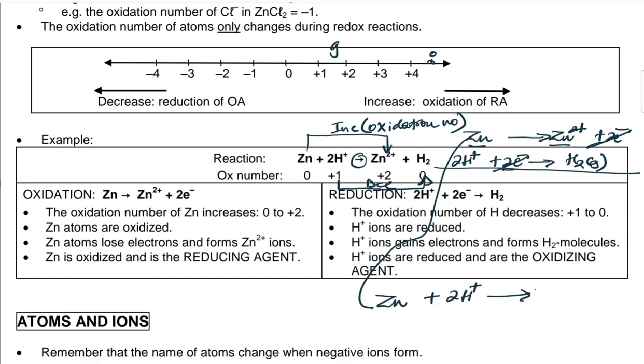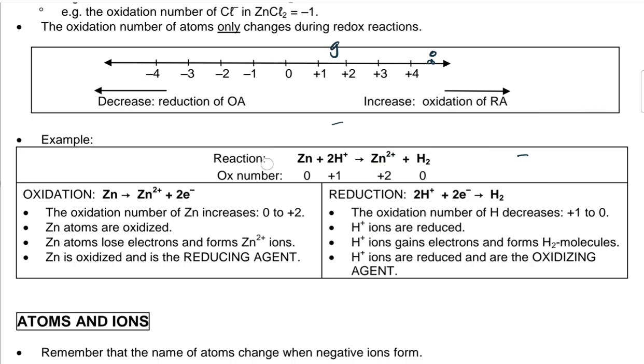This side I'll be having Zn2 plus, then I'll be having H2 there. So the first reaction, this one, will be an oxidation. This one will be the reduction. Reduction meaning hydrogen is going to gain electrons, and the Zn is going to lose electrons. That will be oxidation and reduction.